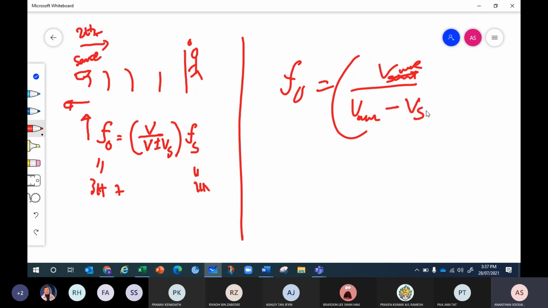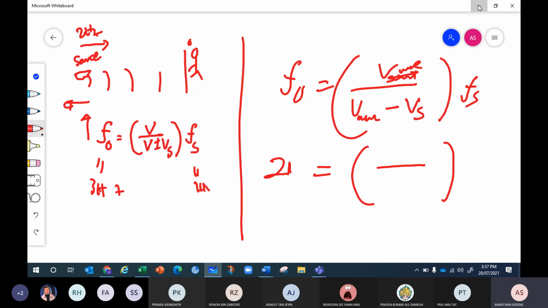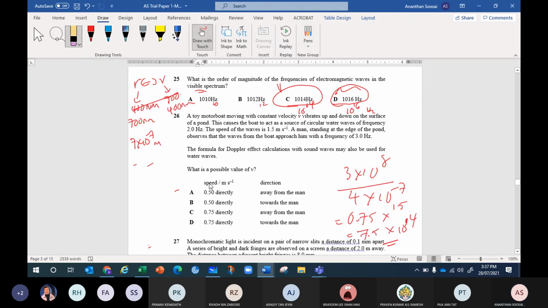Minus the vs, speed of the source, times fs. This is 2 hertz. What are we looking for? We're looking for the speed of the boat.